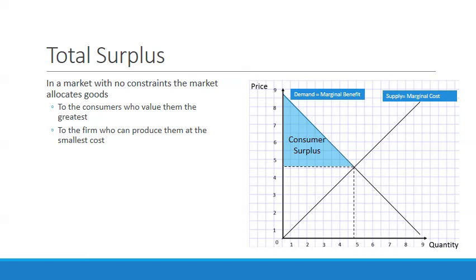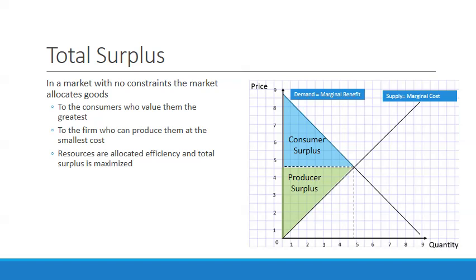Now, it also allocates goods to the firm who can produce this at the smallest cost. So when you look at that, the least amount of money it costs a firm to produce a good, the more valuable to the firm those individuals are. So resources are allocated efficiently and total surplus is maximized when there are no constraints.